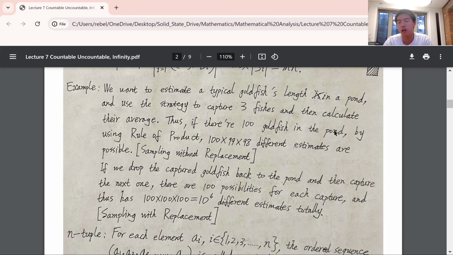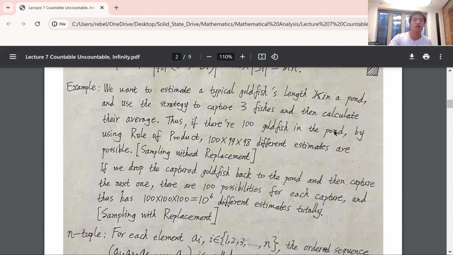And our strategy is that we capture three goldfish and calculate their average, which is the sum divided by 3. How many different possible estimates are there? By the rule of product, there are 100 times 99 times 98 different estimates, because for the first fish we have 100 choices, and for the second we have 99, because we capture them simultaneously.